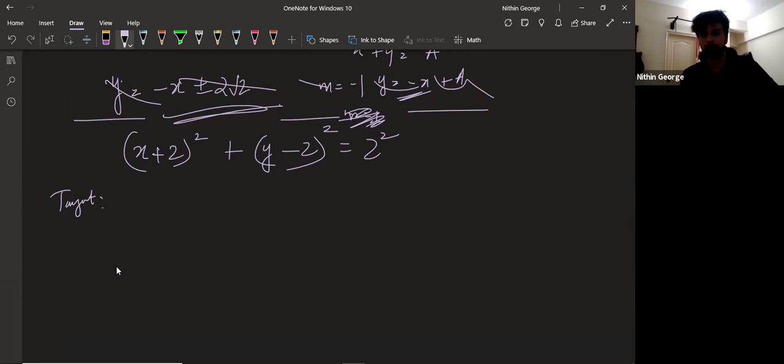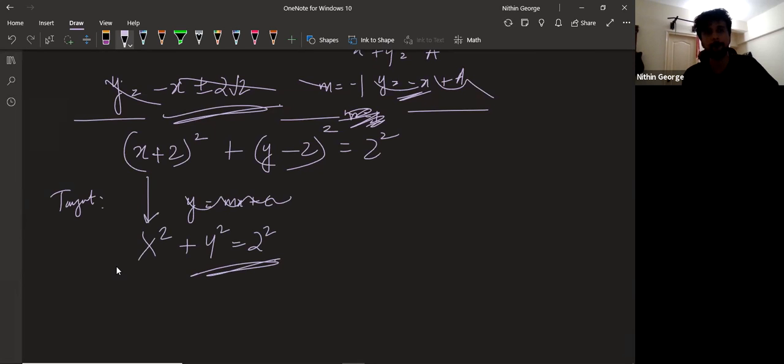Okay. So first thing I'll do is, we have y equal to mx plus c, right? I will rewrite this equation as x square plus y square equal to 2 square. All right.